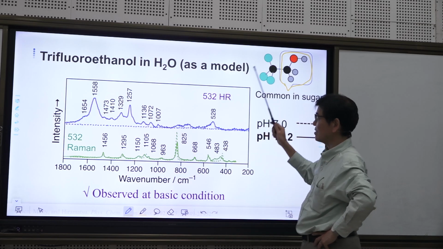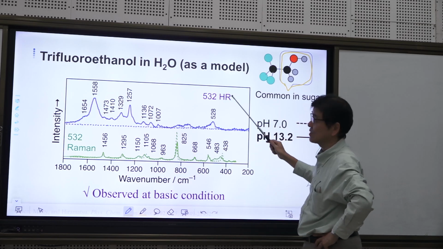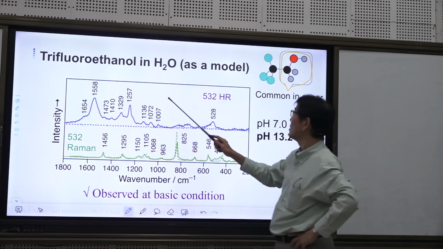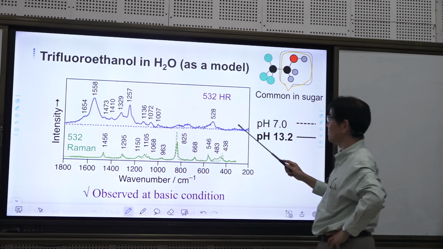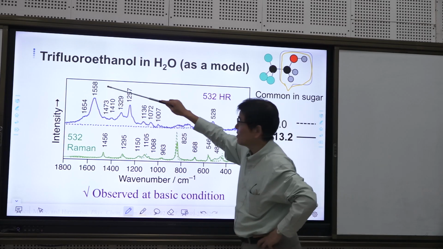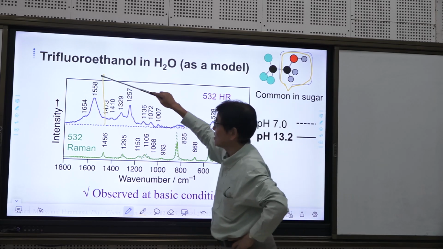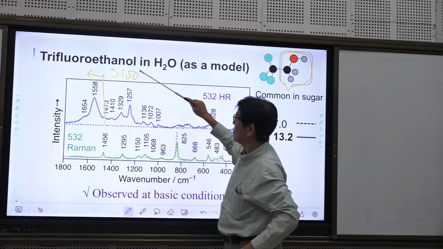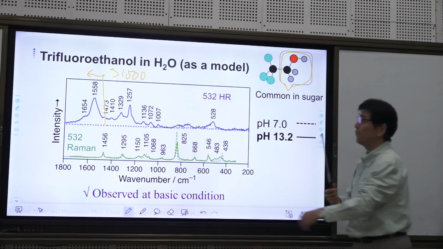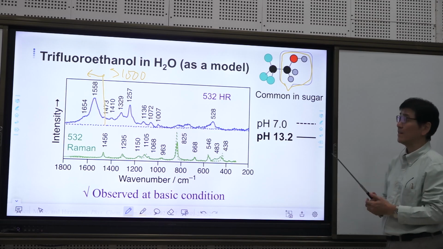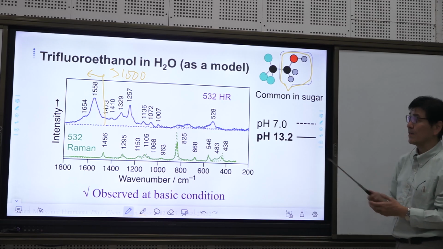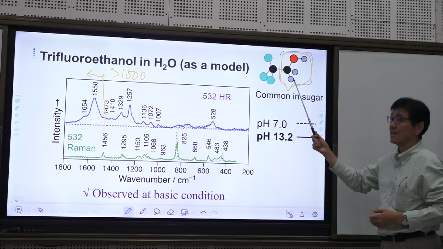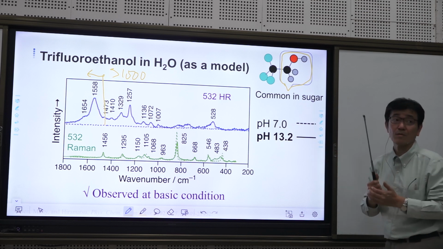Then we measured the 532 nanometer hyper-Raman spectrum of trifluoroethanol. And again, we found a peak above 1500. Okay, this is a good signal, so it's worth discussing this molecule as a model of glucose.